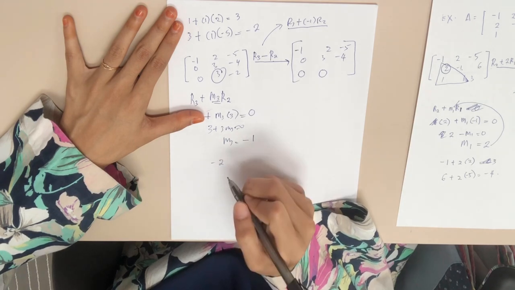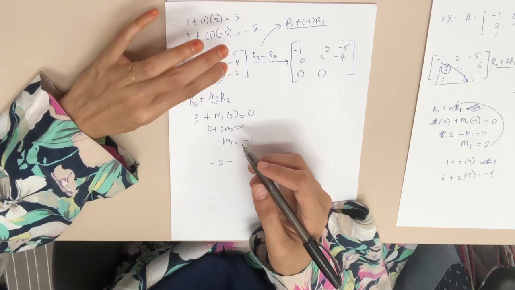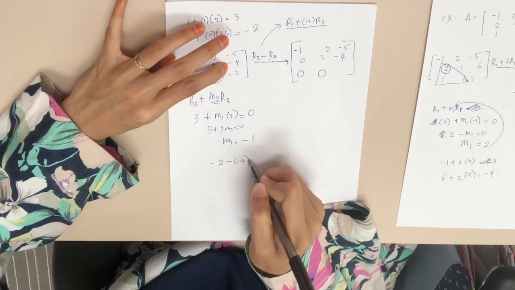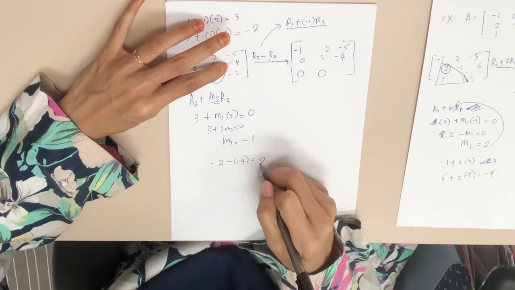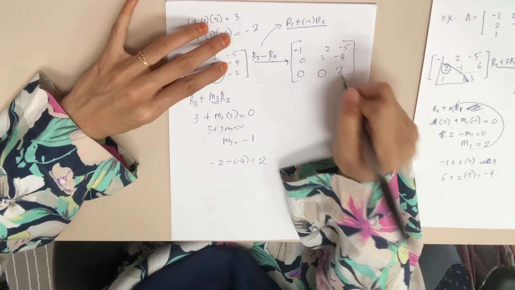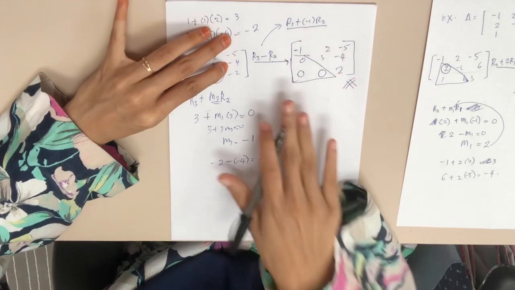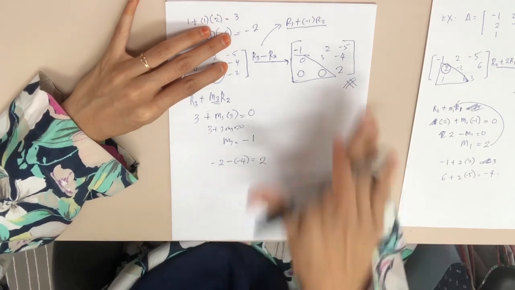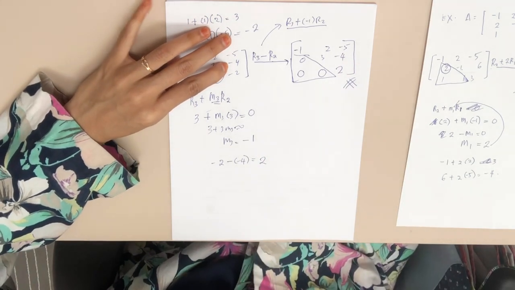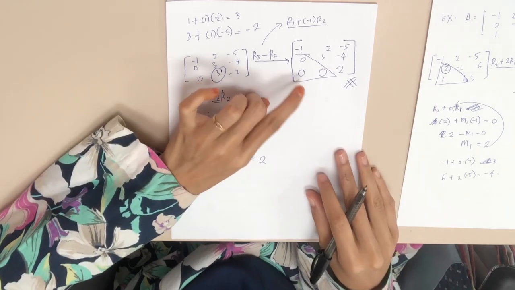Negative 2 is located at row 3 minus R2. Your R2 here is negative 4. So you should get negative 2 plus 4, we get 2. So this is the final answer. This is the row echelon form that you should get, the last one. You can refer to the slides. This is the answer that you should get.